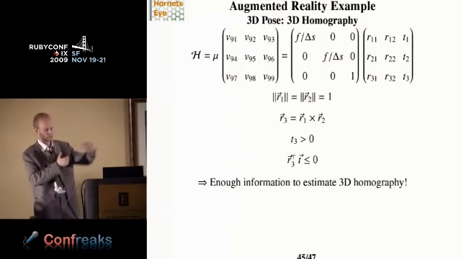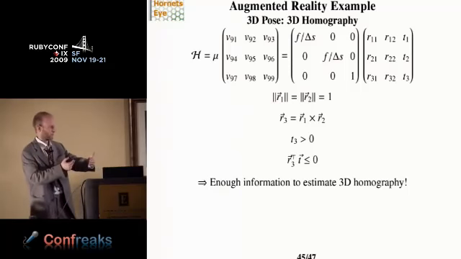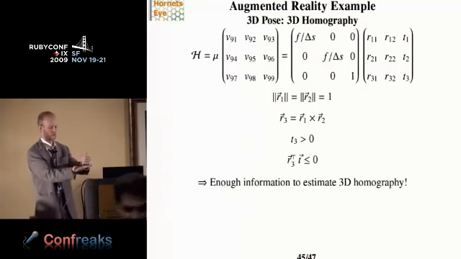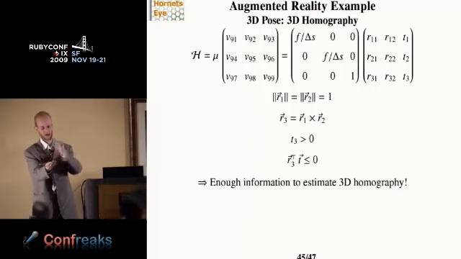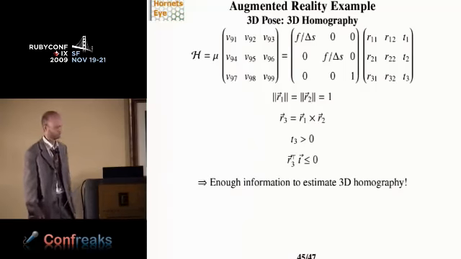And we know the object must be in front of us, otherwise we couldn't see it. So T3 is greater than 0. And we know that the object is facing us because otherwise we wouldn't see it either. So the scalar product of the third axis and the translation vector must be negative or 0.